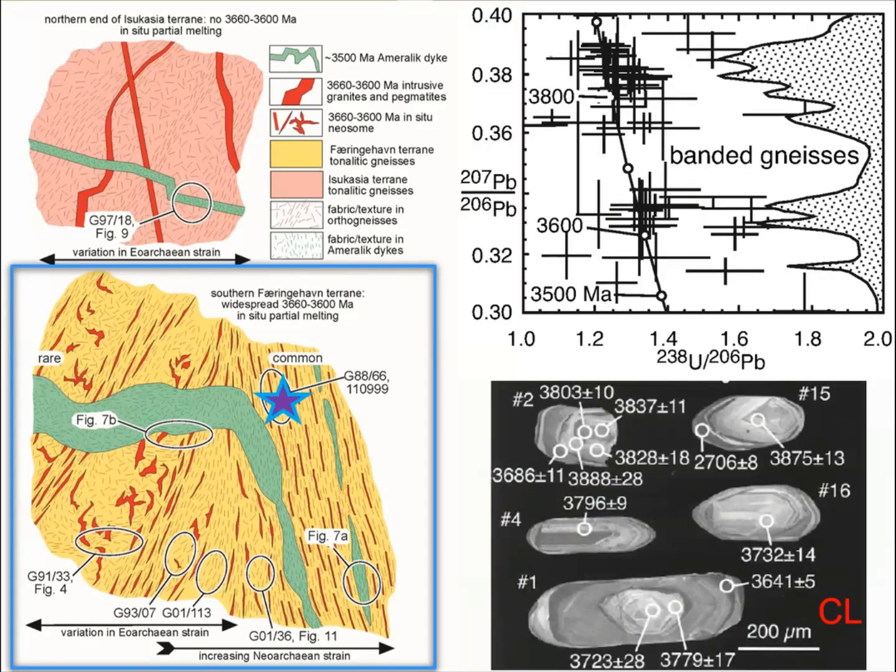So what we have up here is an age plot showing the Eoarchean zircons. You have two main groups of zircon ages. One group is over 3,800, which actually represents the time of the tonalite being formed, crystallizing as a pristine igneous rock.